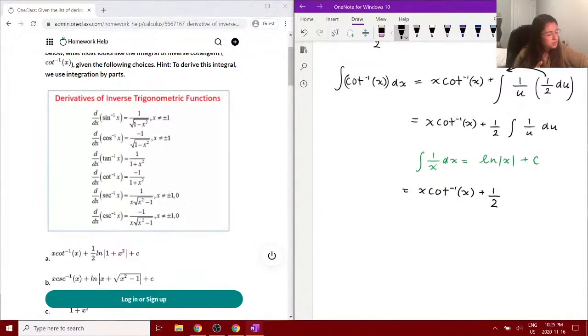So that means evaluating this integral of 1 over u, we have that equal to ln of the absolute value of u, plus c.